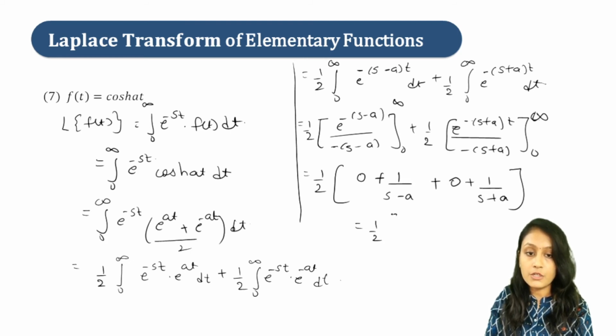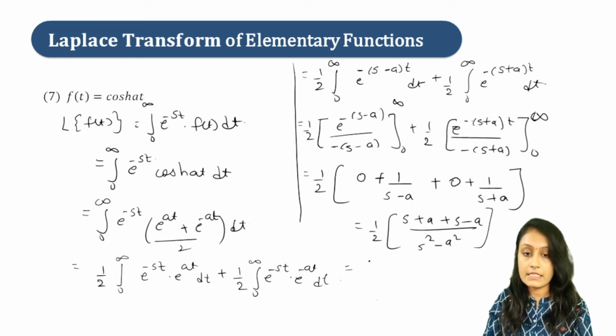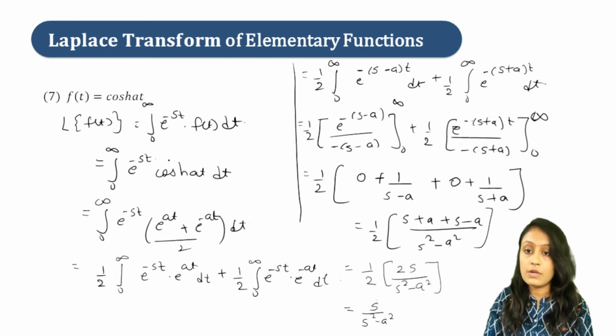So 1 by 2, simplify this: s plus a plus s minus a upon s square minus a square. Okay, so this a will get cancelled, so what remains is 1 upon 2 into 2s upon s square minus a square. 2 will get cancelled, so final answer is s upon s square minus a square. So Laplace transform of cosh at is s upon s square minus a square.